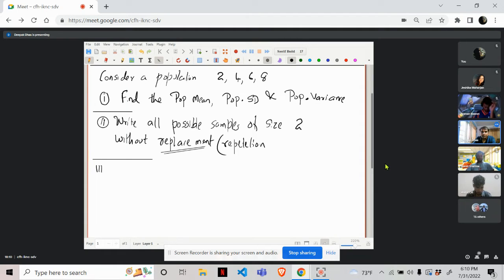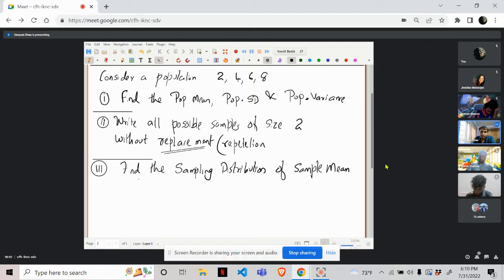The third question. Find the sampling distribution of sample mean. The fourth question.